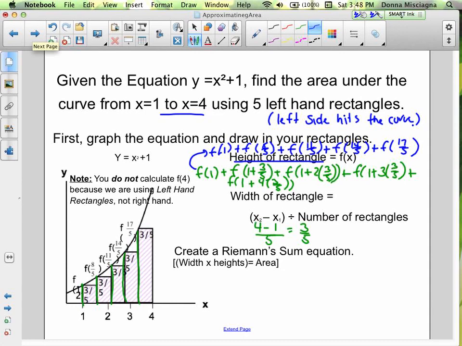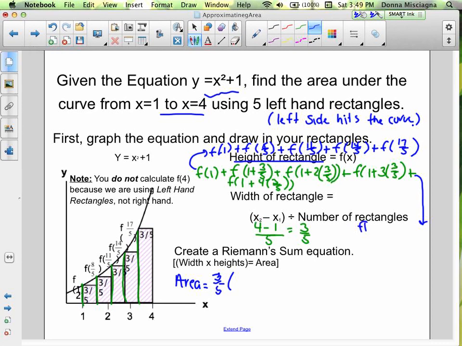Our Riemann sum, our area approximation, is going to be 3/5 times the value of the function for each of those. So let's write down what they are, because we'll actually get a value here. We know what our function is, right?